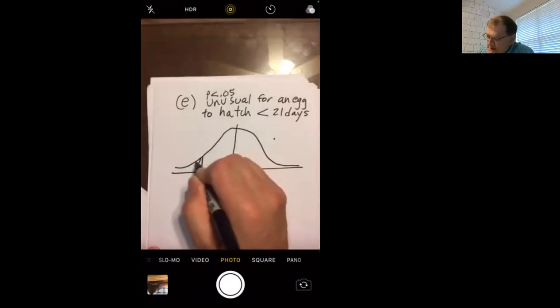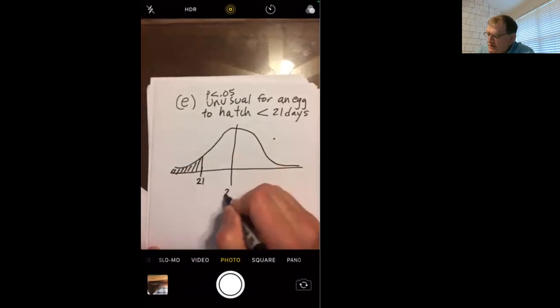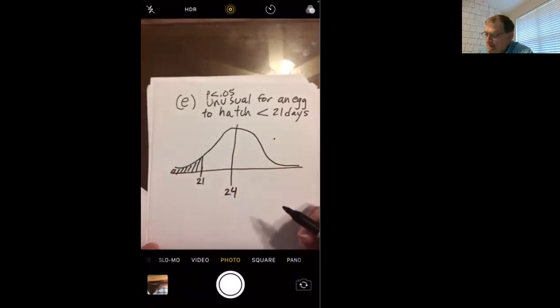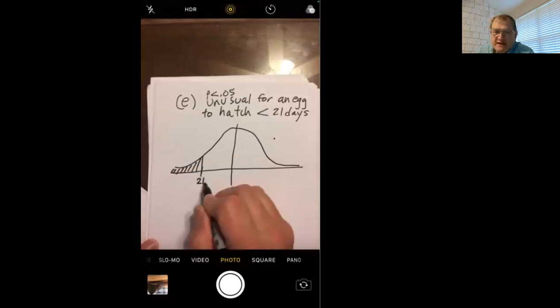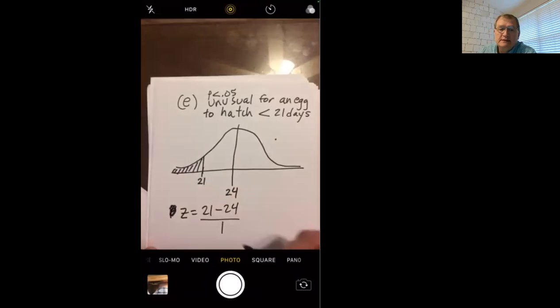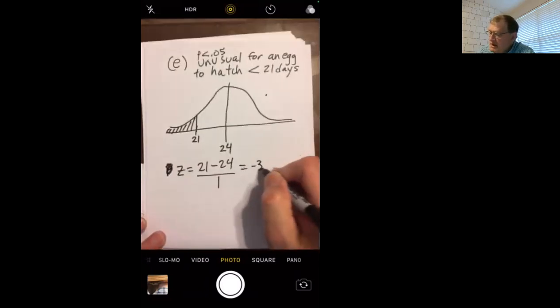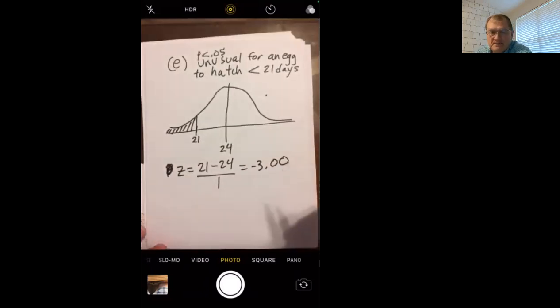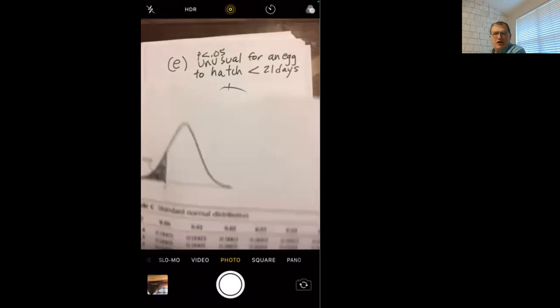21 days, hatching less than that, 24 is in the middle. Can you tell that's going to be 3 standard deviations, minus 3? Your z number is going to be 21 minus 24 divided by 1, which is minus 3.00. Minus 3 is right here.